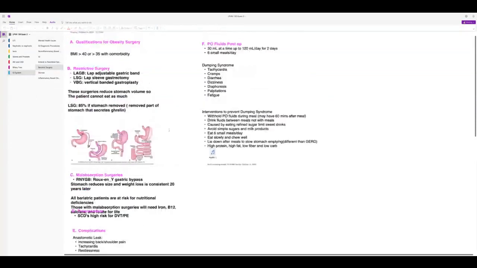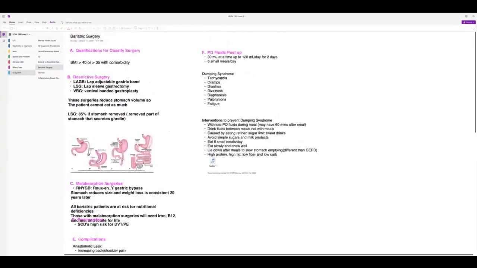Now, after the surgery, I used to work in a center of excellence for bariatric surgery, and it's amazing the work they do and the results patients have, because I've seen patients on lots of medications for diabetes and hypertension leave the hospital and not need those medications anymore. It's really fabulous.